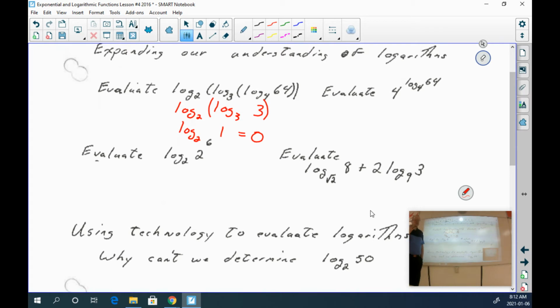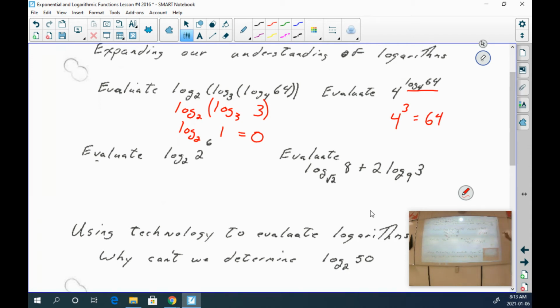When you have something that's complicated, like on a homework question, work from the inside out. Here I'm going to figure out what the exponent is, and then I'll work from there. The power of 4 that gets me to 64: 3. 4 to the 3 is 64.